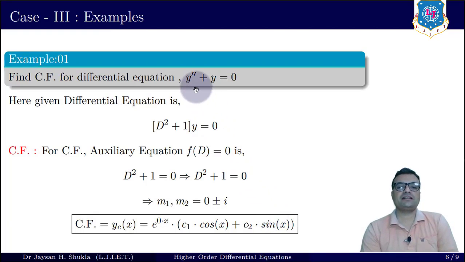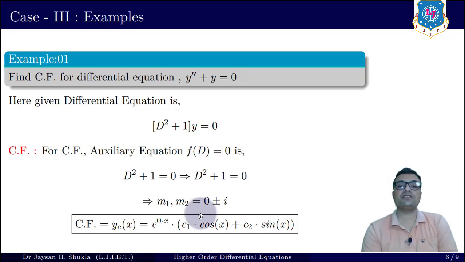Let me take the first example: y double dash plus y equals 0. In this case, the given differential equation in operator form is (D square plus 1) times y equals 0. Considering the complementary function, the auxiliary equation would be f of D equal to 0. If I take f of D equal to 0, it will give me two roots which are complex by nature.